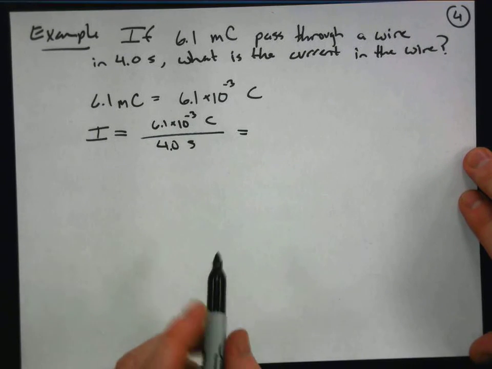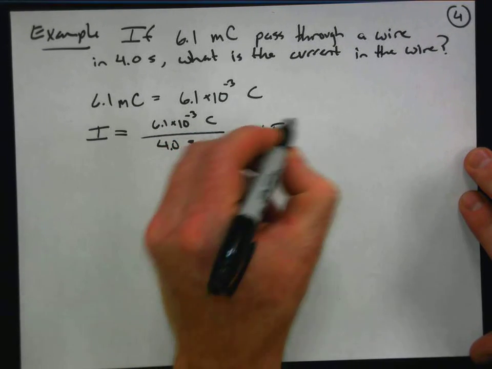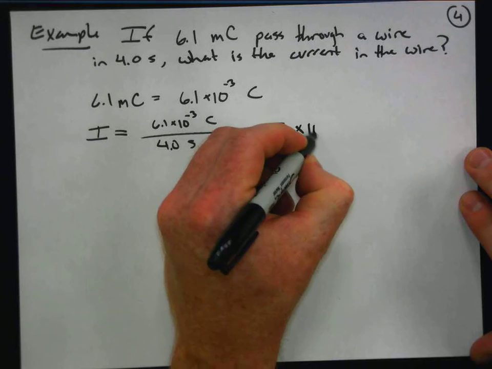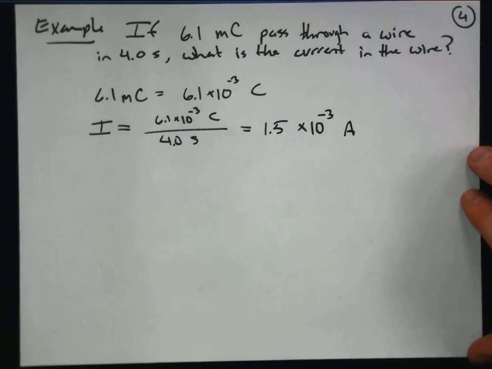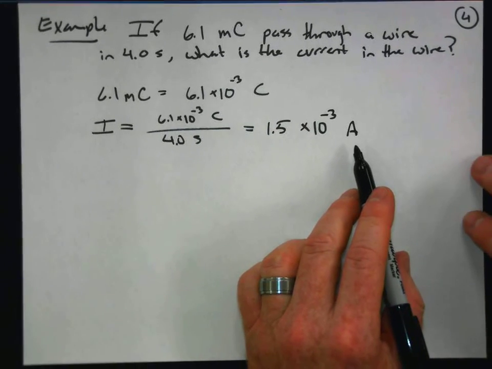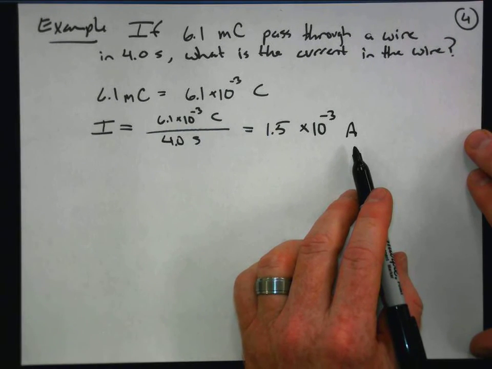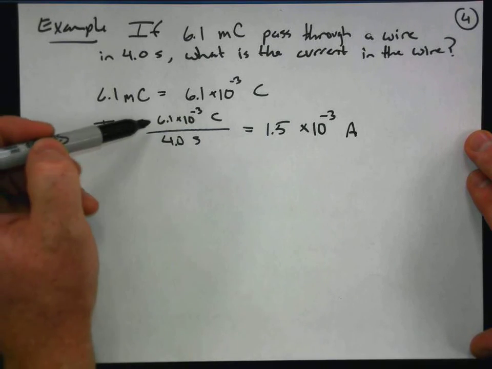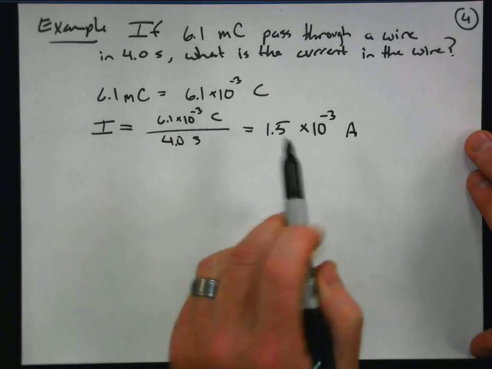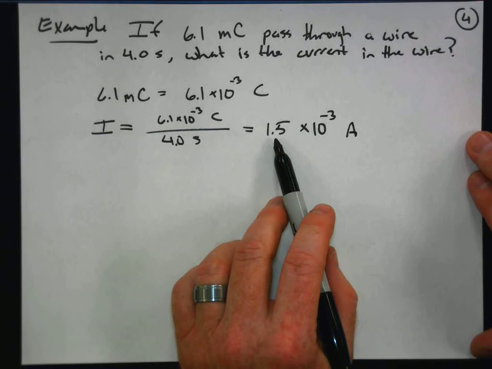And I get an answer of 1.5 times 10 to the negative 3 amps. Capital A for amps, or amperes if you like to say the whole word. And that is rounded off a little bit. Each of these numbers has only 2 sig figs, so my answer has only 2 sig figs.